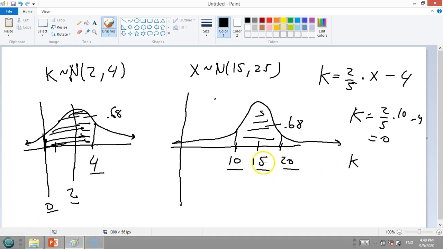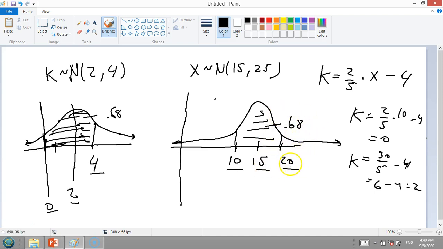The 15 should spit out a 2. So you put in 15 there, you get 30 over 5 minus 4. This is 6 minus 4, it's 2. Bam. Everything is good.